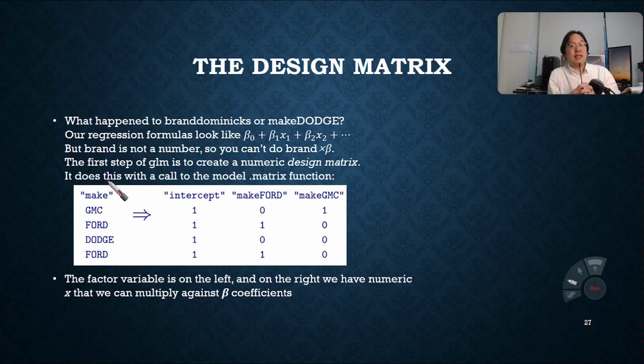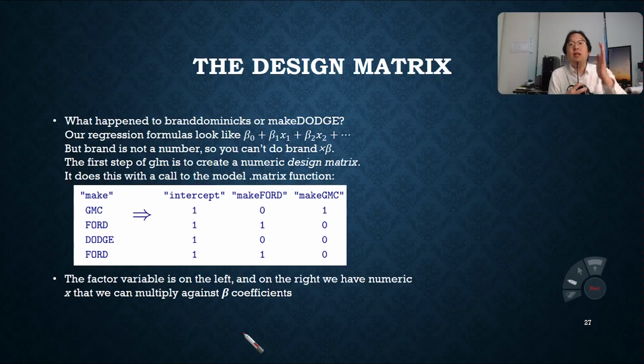And then design matrix is something you want to make sure of this time. What happens to brand, Dominick's or make, Dodge kind of things? It's like a categorical variable, okay? Previously we had cars, trucks, makers, Dodge, GM kind of things, okay? Here you have Tropicana and then the other, Dominick's kind of things, right? Categorical variable.